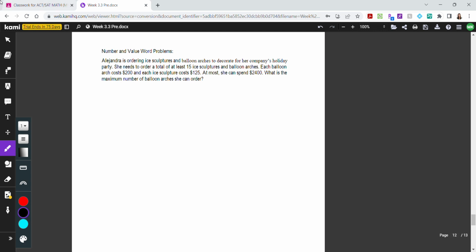Now the next thing that we have are number and value word problems where we would have to form multiple equations in order to solve them, right? So let's read the problem first. Read it really carefully because we would have to come up with multiple equations.